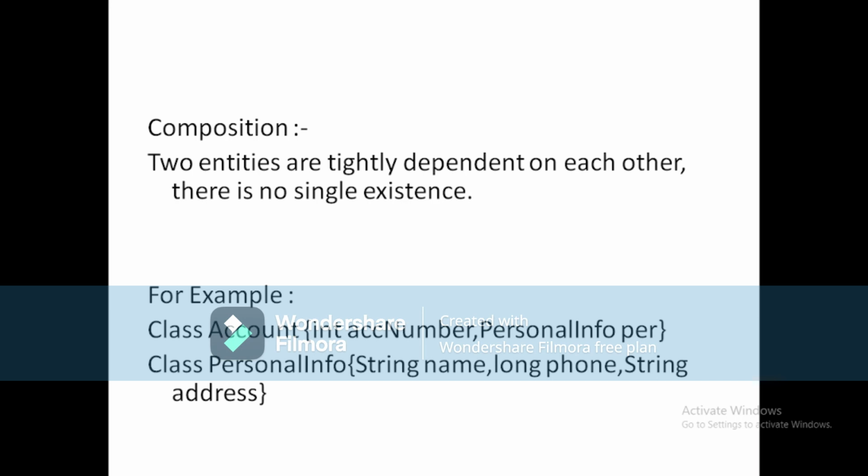That means if we have an account class and a personal information class, then for example, if account doesn't have the name of the account holder, what is the use of that account? If account itself does not have the name of the account holder, there is no use or meaning of that account. So account should have its personal information.